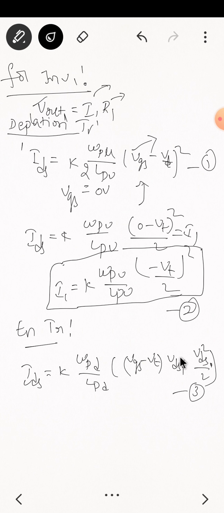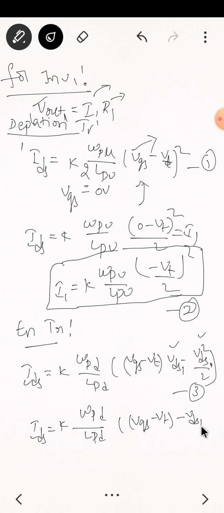So in this equation VDS1 is common in these two terms, and I am taking it common. Then IDS is equal to K into the width of the pull down to length of the pull down ratio, and (VGS minus VT minus VDS1 by 2) into VDS1.